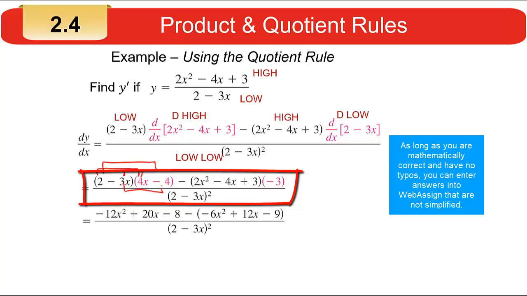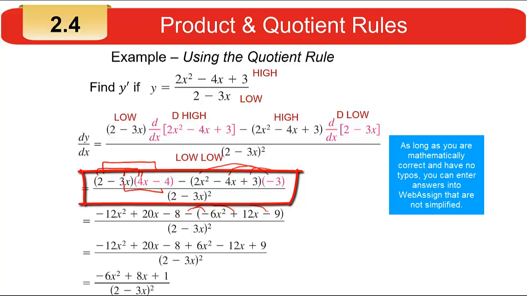And then over here you multiply by the minus 3, being really careful with your signs. And then you distribute the minus sign here and just keep simplifying. You'll get a reasonably simple solution. The numerator is minus 6x squared plus 8x plus 1. The denominator is the quantity 2 minus 3x squared.